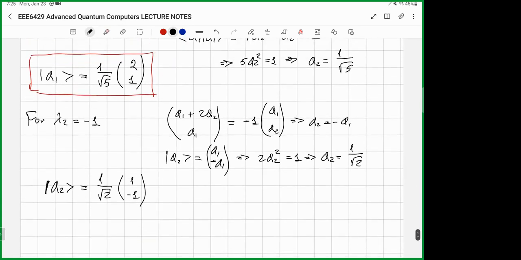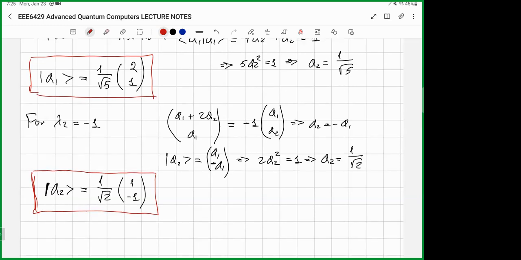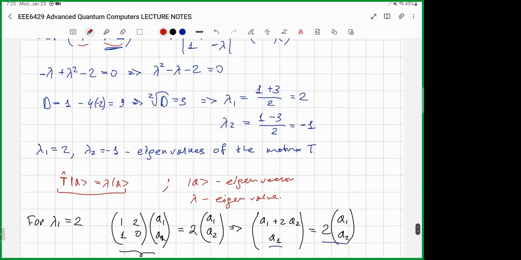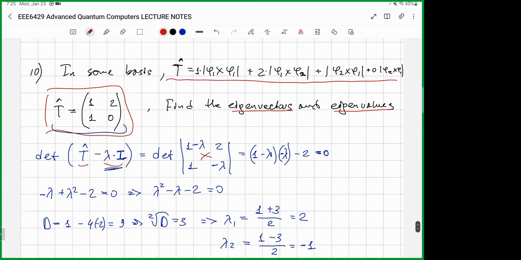So why is it so interesting, these eigenvectors? I just want to repeat this to explain everything and make it very clear. This matrix T is a 2 by 2 matrix, and it's written in some basis phi1, phi2, according to the problem statement.